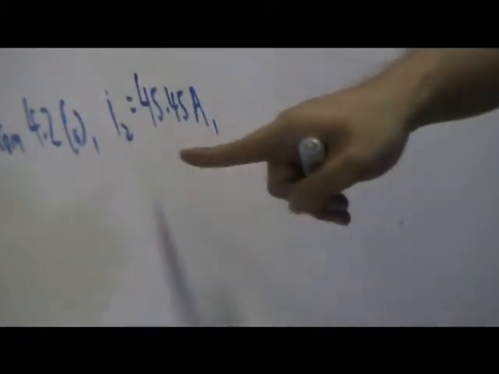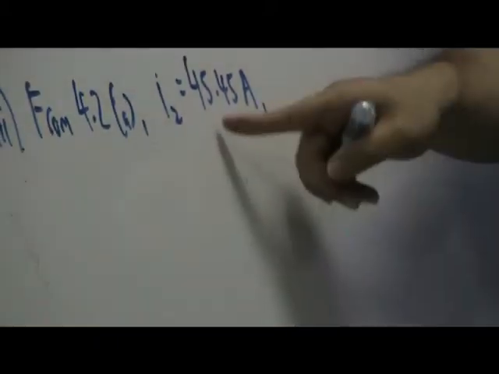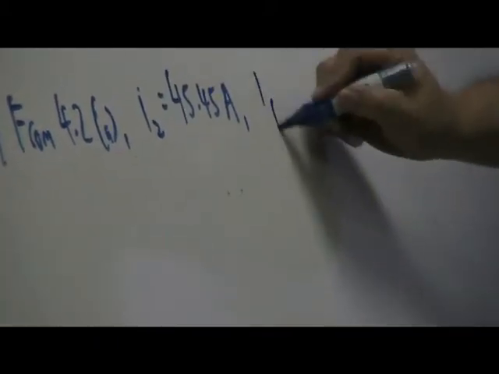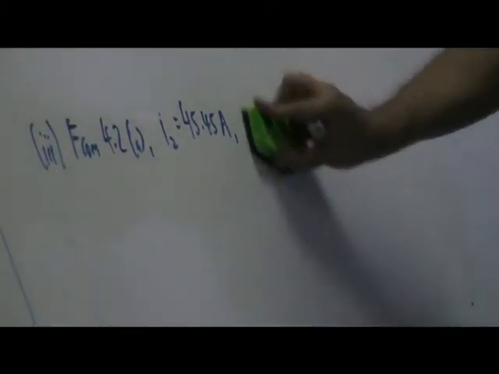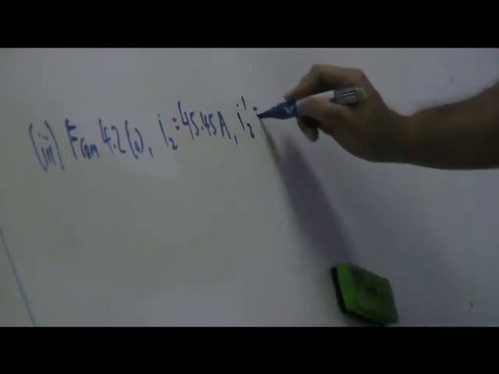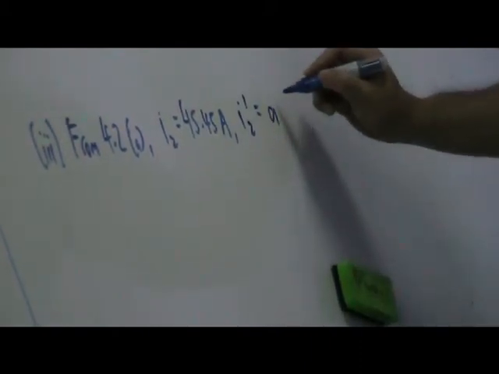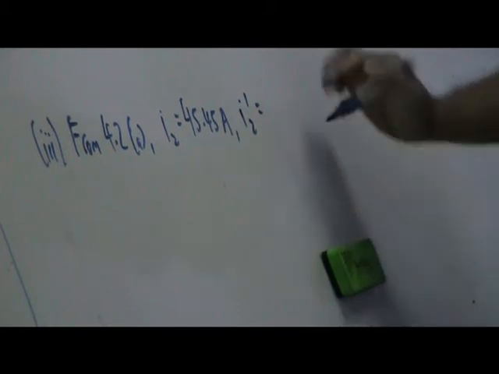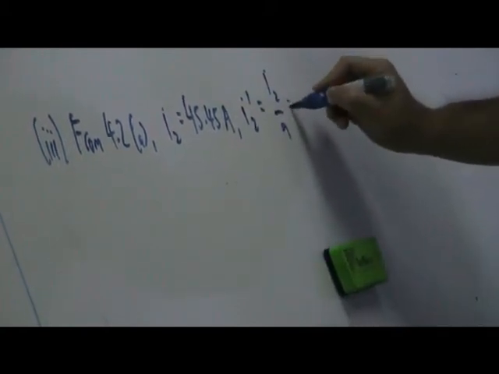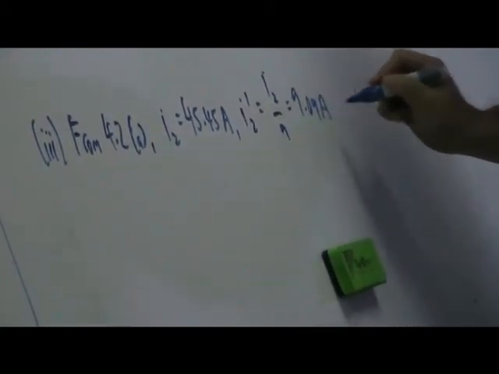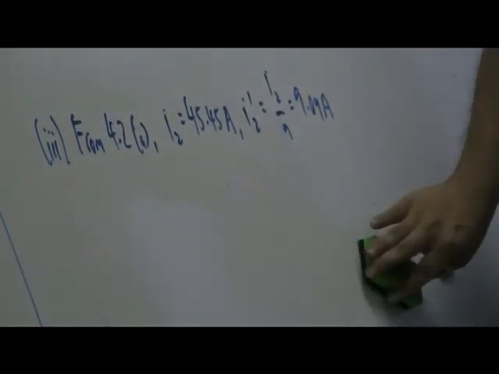From 4.2A we calculated I2 is 5.45 amperes, so I1 or I2 prime is that referred value.